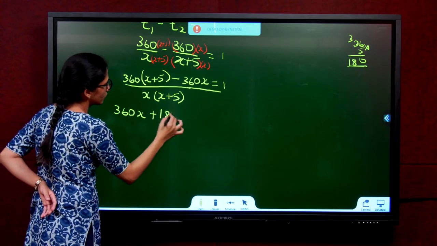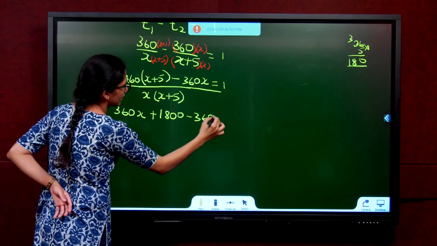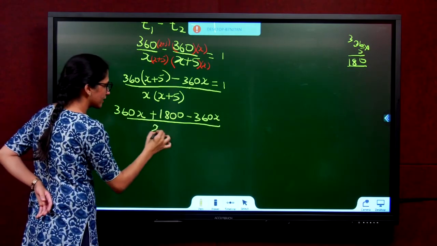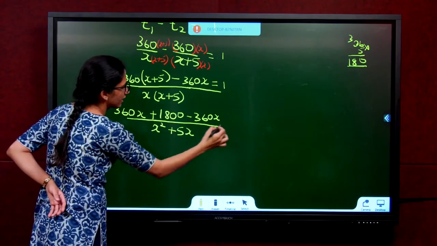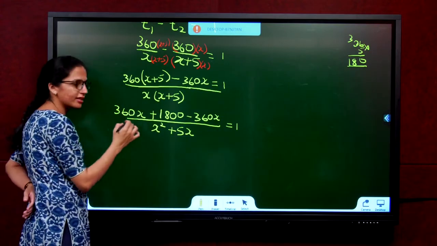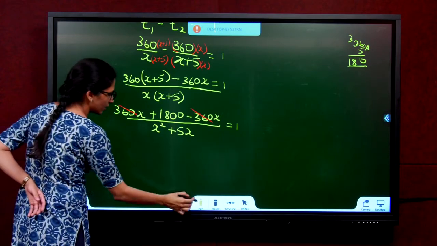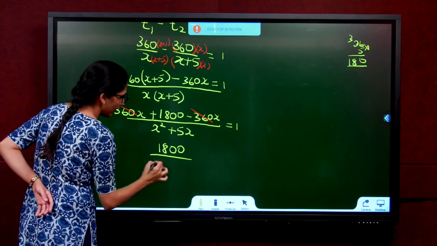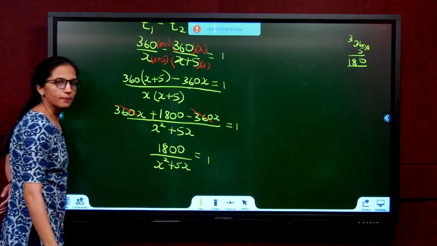So 1800 minus 360x divided by x into x plus 5, x square plus 5x, is equal to 1. 360x minus 360x cancels out. You are now left with 1800 by x square plus 5x is equal to 1.